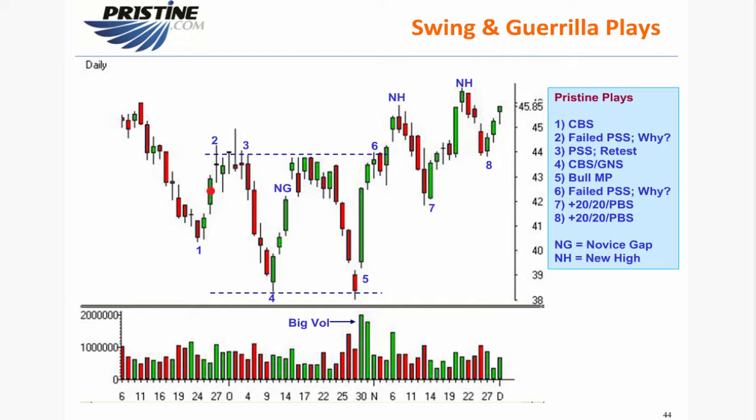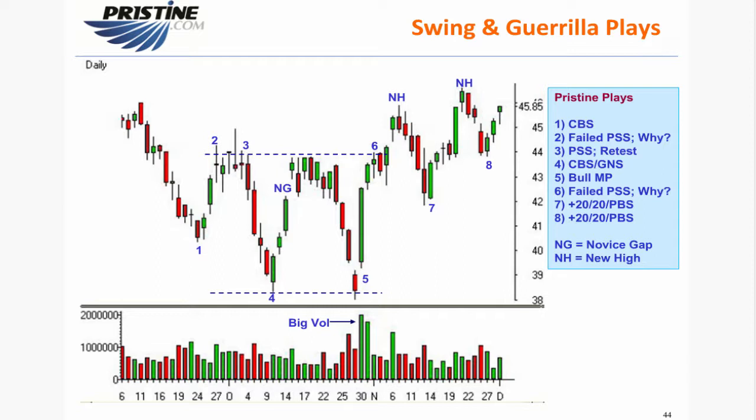Because it was following a climactic buy setup. As we discussed in the climactic chapter, the first sell setup following a climactic buy setup is likely to fail. Okay? So that is why we wouldn't have been looking to play it in the first place.